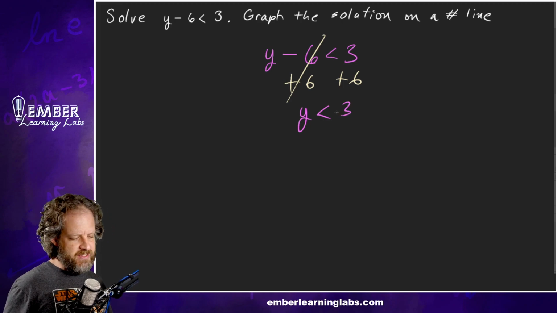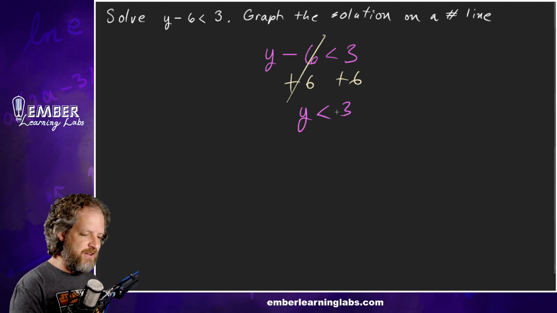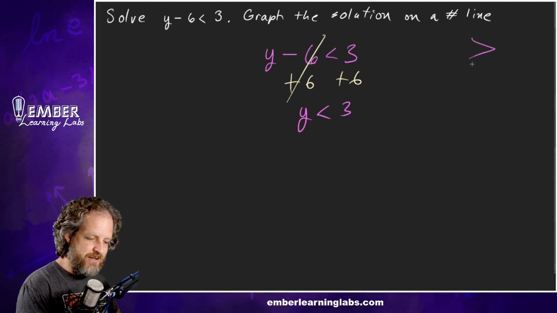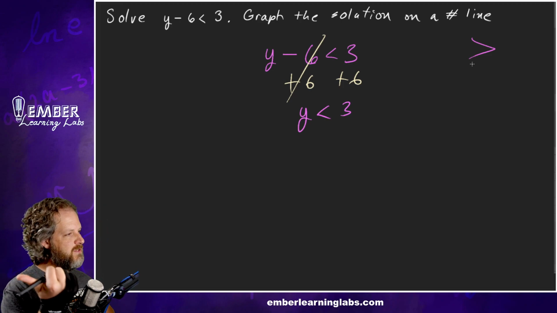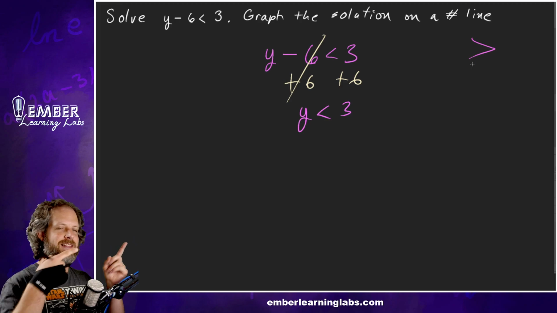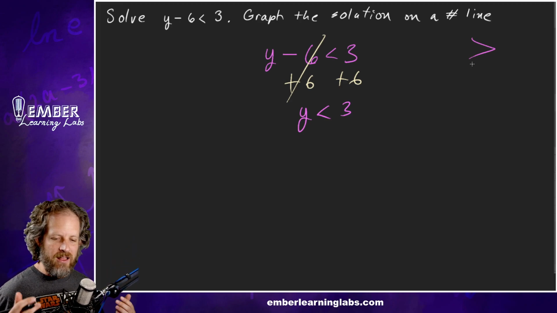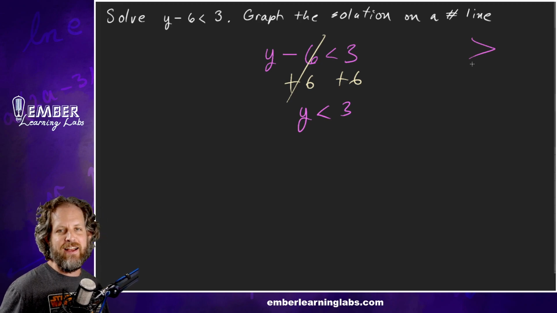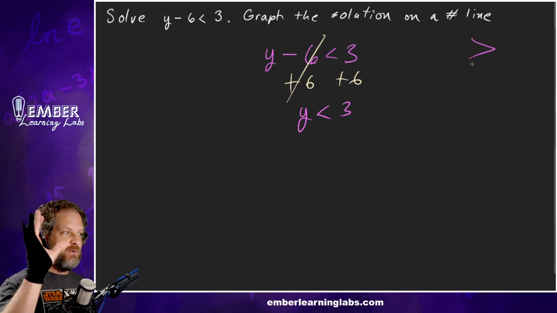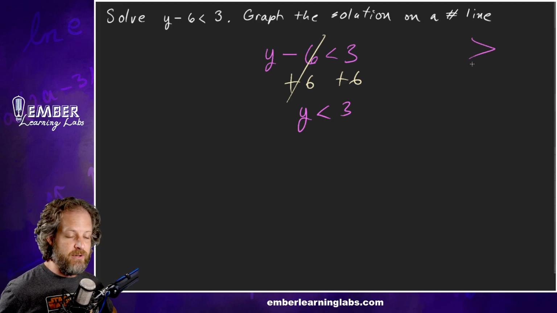Since this is still kind of review-ish, in case for some reason you don't know the directions of the symbols, this is greater than, points to the right. One way I help people remember is that there are more right-handed people in the world, so the greater than symbol points to the right.